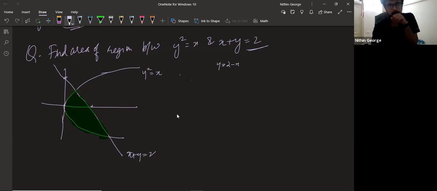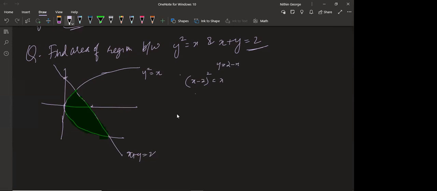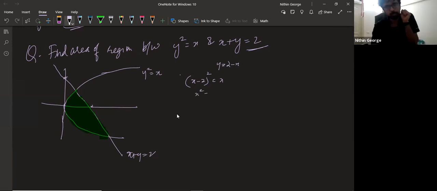Then you get x minus 2 the whole square equal to x, right? So that will make it x square minus 5x plus 4 equal to 0. We get x minus 4 into x minus 1 equal to 0. So x is equal to 4 or 1. Okay. So here this will be the point 1. This will be the point 4.